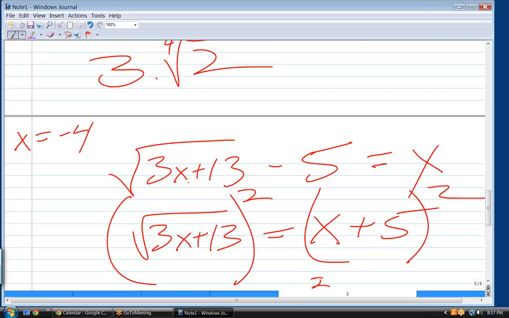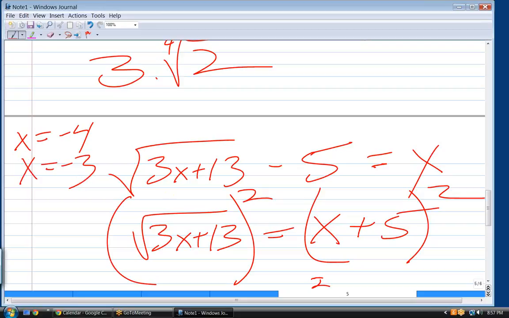What's inside the radical sign? We're going to get negative 9 plus 13. So 4 minus 5 is negative 1. Well, now hold on. It's the square root of 4. Oh, square root. Oh, so 2. Minus 5 is negative 3. So that checks out. Yeah, that works also.